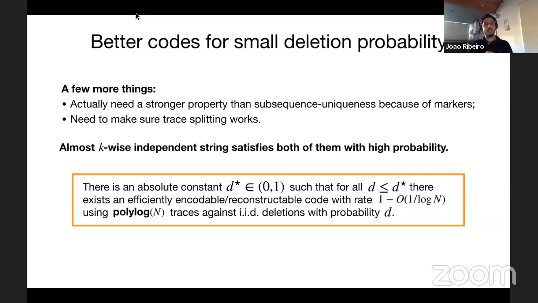And this essentially gives us an improved result because now we leverage ideas from average case reconstruction. We can use fewer traces than just using worst case reconstruction. So we get the same rate as before, but now we only need polylog n traces, with a small caveat that this only works if the deletion probability is a small enough constant.